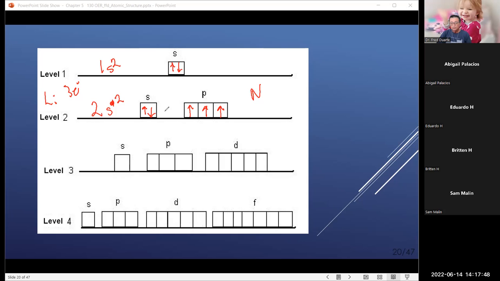So right now it's 2s2, and we have 2p3 to represent those 3 electrons. So the electron configuration for nitrogen would be 1s2, which is the first set of electrons, then 2 electrons go into the 2s2, and then we have 2p3. That is the electron configuration for nitrogen.